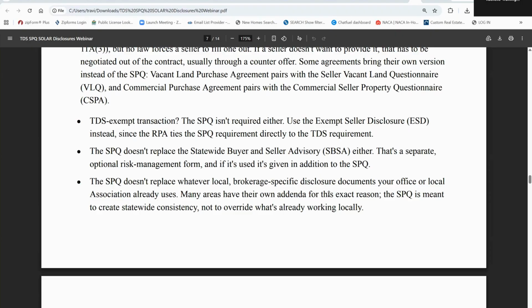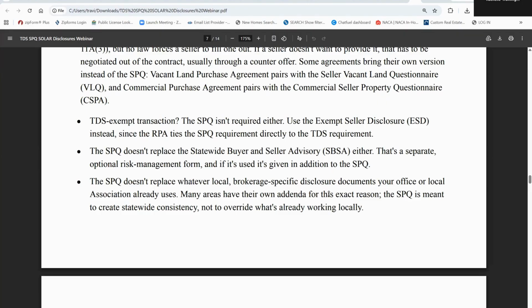SPQ doesn't replace the statewide buyer and seller advisory either. That's a separate optional risk management form. And if it's used, it's given in addition to the SPQ. The SPQ doesn't replace whatever local or broker-specific disclosure documents the office has or local associations already use, like the LAD.